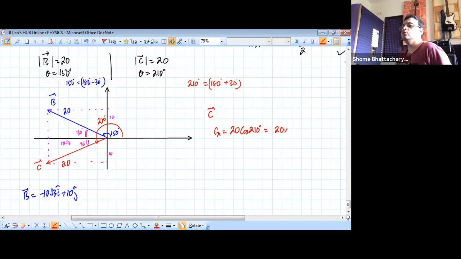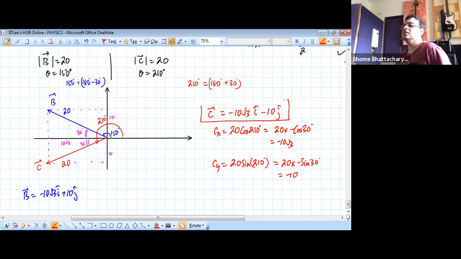So it will become 20 into minus cos 30. So it will become minus 10 root 3. And C's y component will be 20 sin 210. So this will become 20 into minus sin 30. So that will become minus 10. So this will become minus 10 root 3 i cap minus 10 j cap.